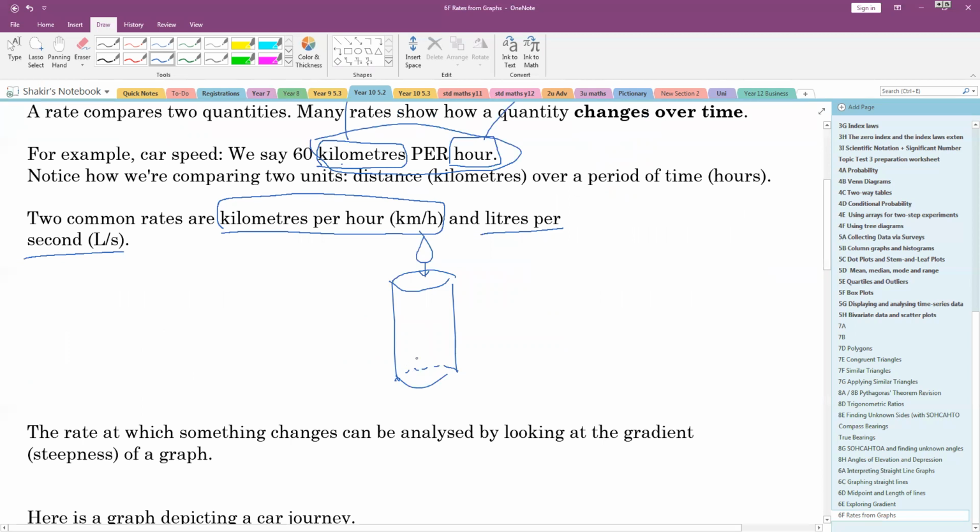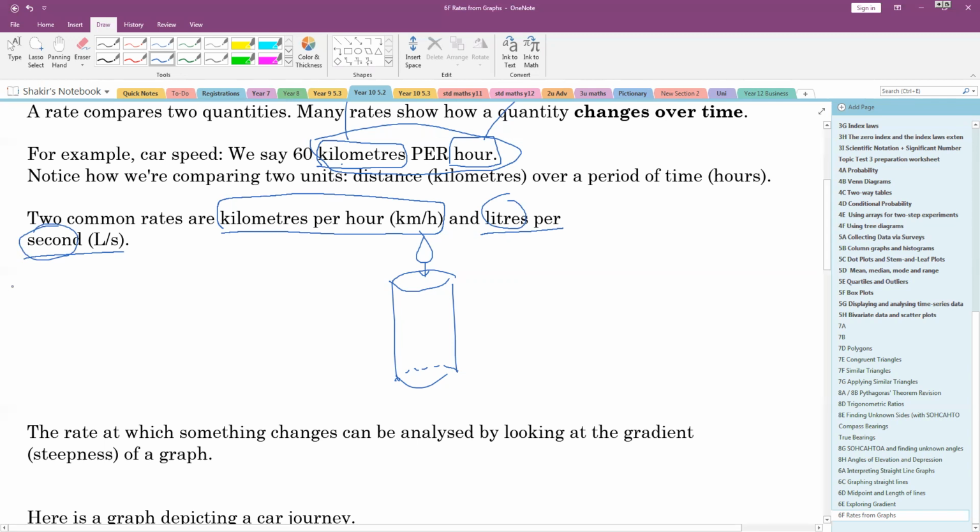How fast are you filling up? Well, you might say, for example, 50 liters per second, or 1 liter per second, I don't know, or 1 liter per minute. But yeah, it's a rate. You're comparing how much water is going in over a period of time. So hopefully you've understood what a rate is. It just compares two different units.